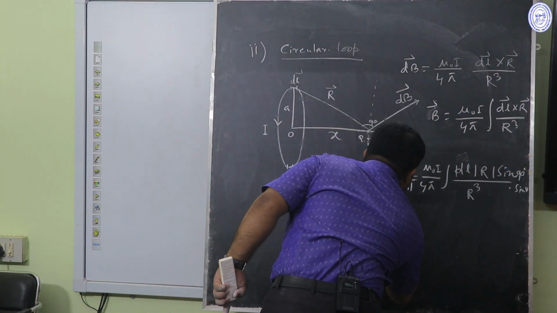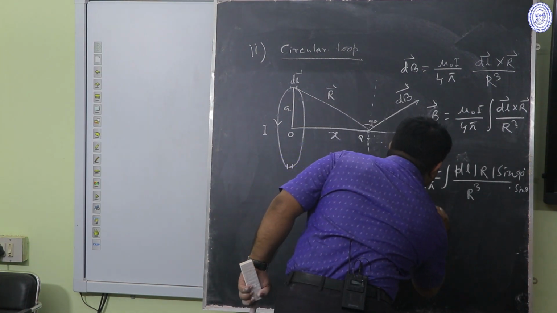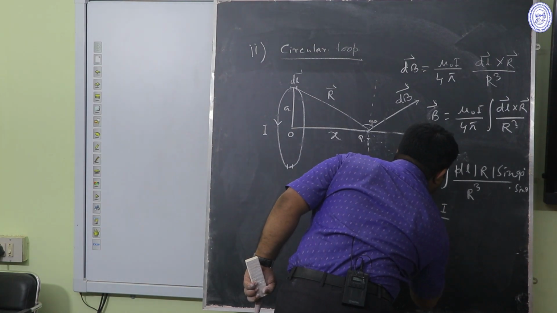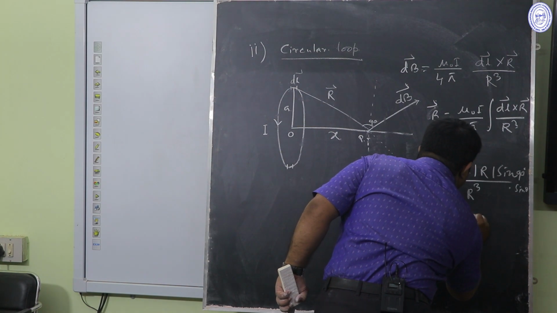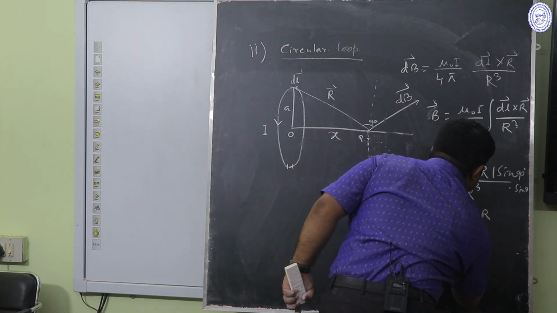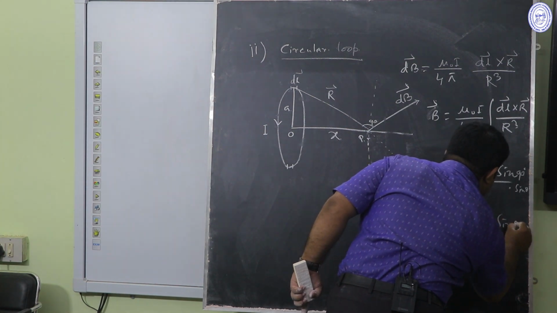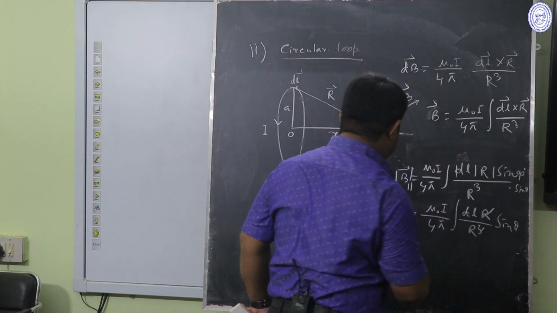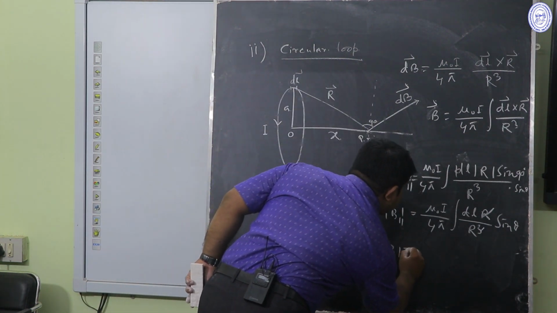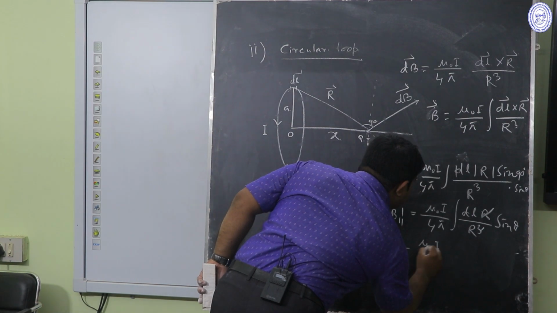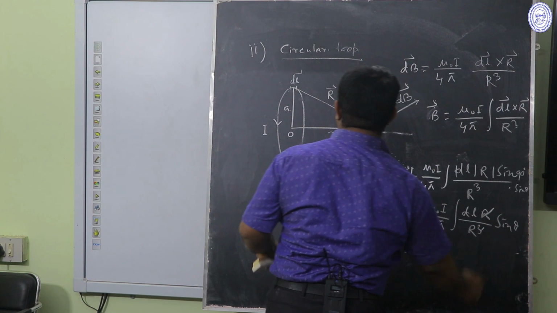Or B parallel is mu 0 I by 4 pi, dl r by r cube into sin theta. R cancels, or B is equal to mu 0 I by 4 pi, dl sin theta.